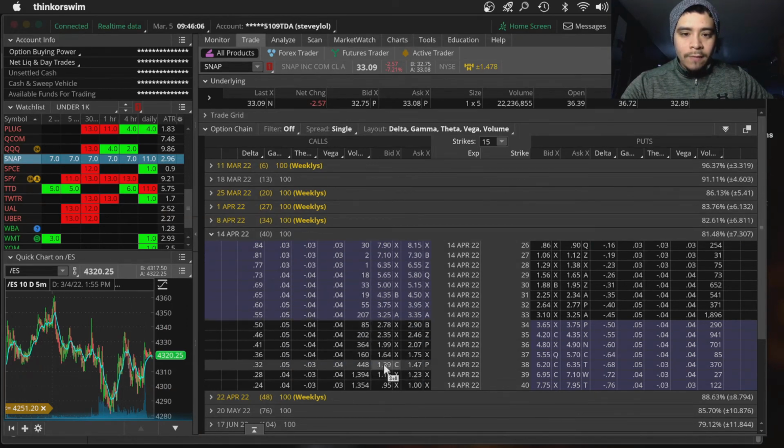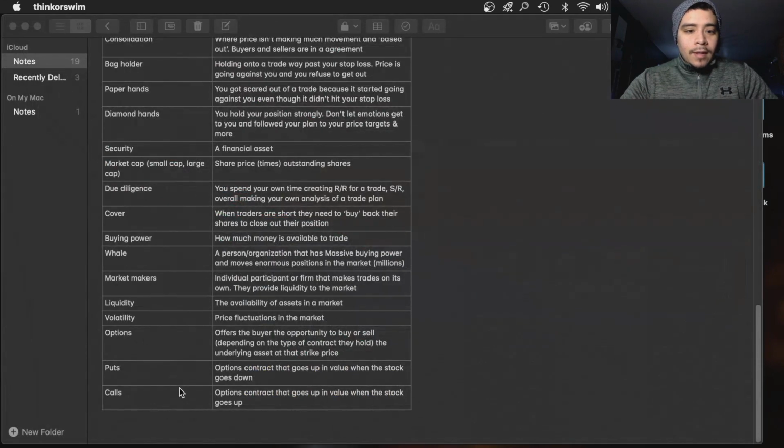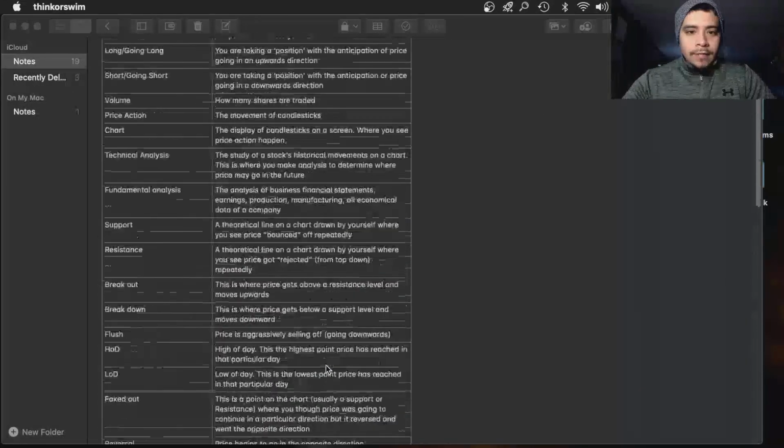They go up in value when price goes up. Just remember, calls, price goes up; puts, price goes down. That's all you have to remember. These are the put contracts, and they go up in value when price goes lower. Simple. Okay, and that's all I have written down for you guys.